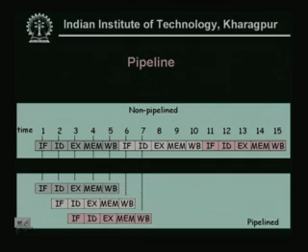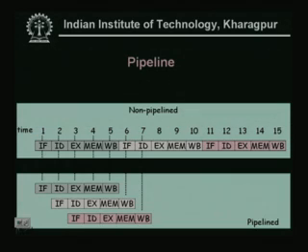The third instruction cannot start unless the second one is finished. So, this is the sequential execution of instructions one by one: instruction 1 first, then instruction 2, then instruction 3. This is called non-pipelined.